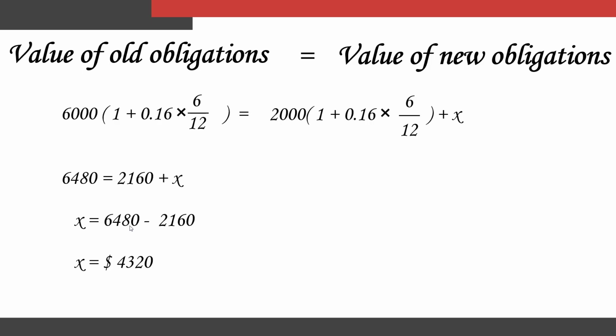Value of old obligations, $6,000 times (1 plus 16% times 6/12) equals $2,000 times (1 plus r times t), $2,000 times (1 plus 16% times 6/12) plus X. So the value of $6,000 equals $6,480, and the value of $2,000 equals $2,160 plus X. X will be equal to $4,320.